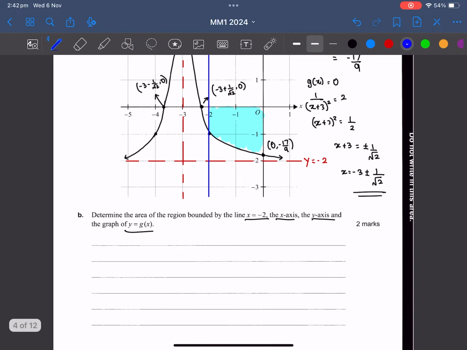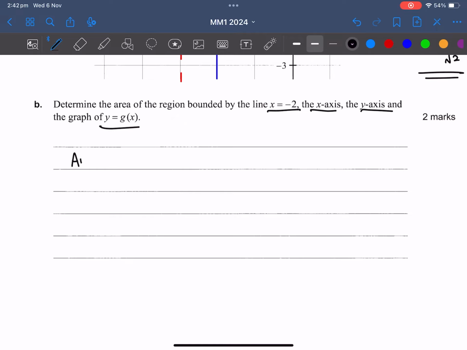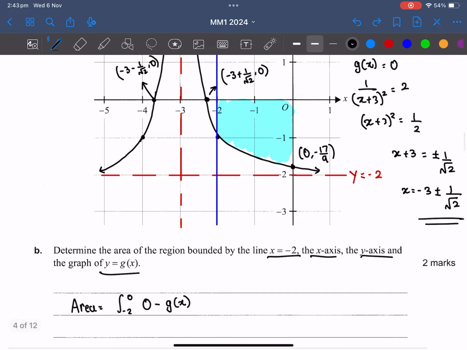Okay, so let us set up our integral for this. Our area is going to be the integral from -2 to 0 of 0 minus g(x) dx, because the y equals 0 line is above the graph in this range of x values.